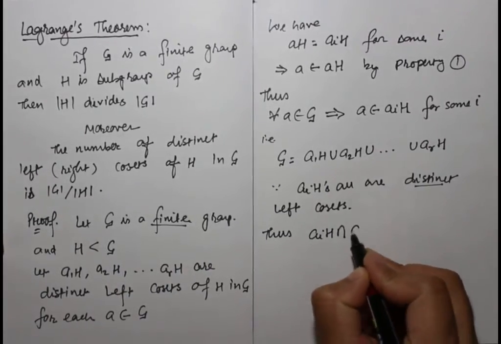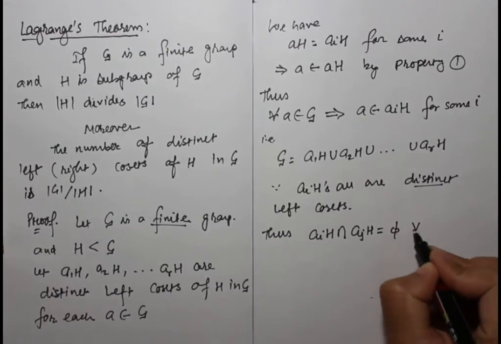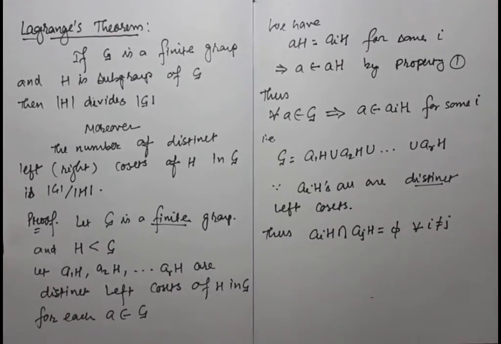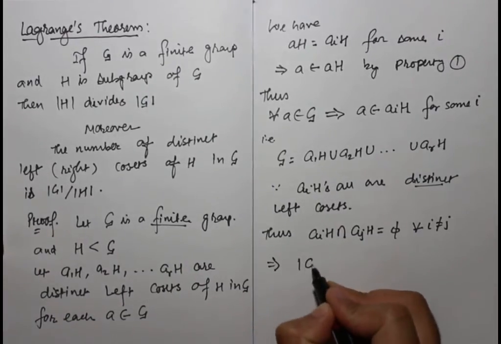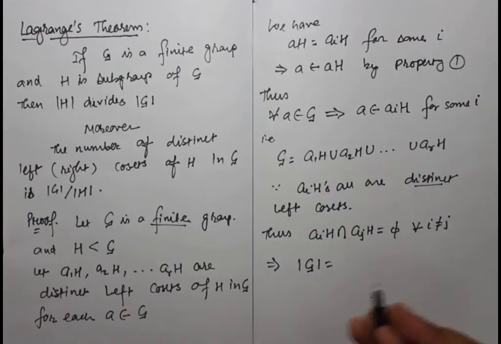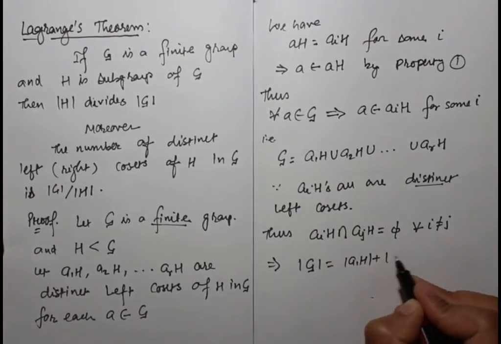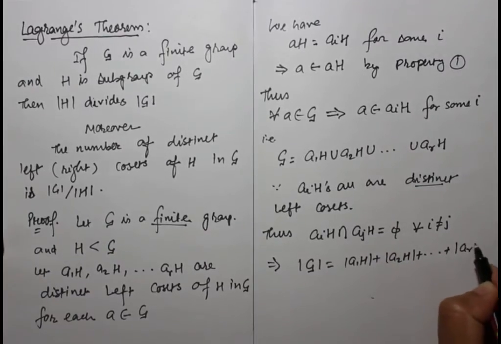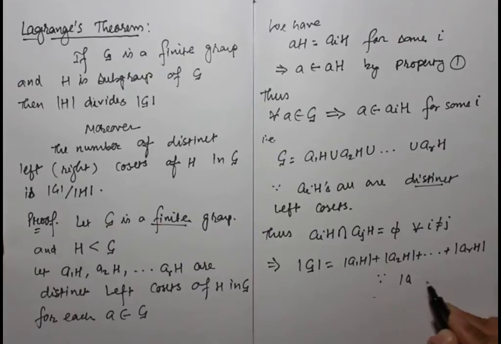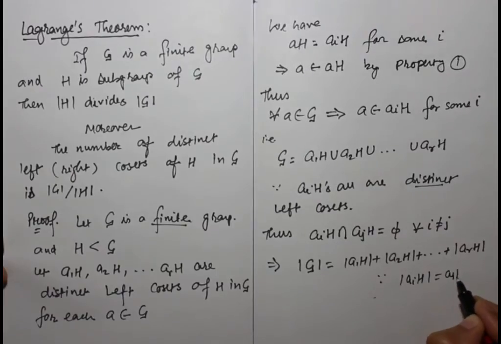We can write AIH intersection AJH equals phi for all I not equal to J. Thus we can write order of G as order of A1H plus order of A2H plus and so on plus cardinality of ARH.